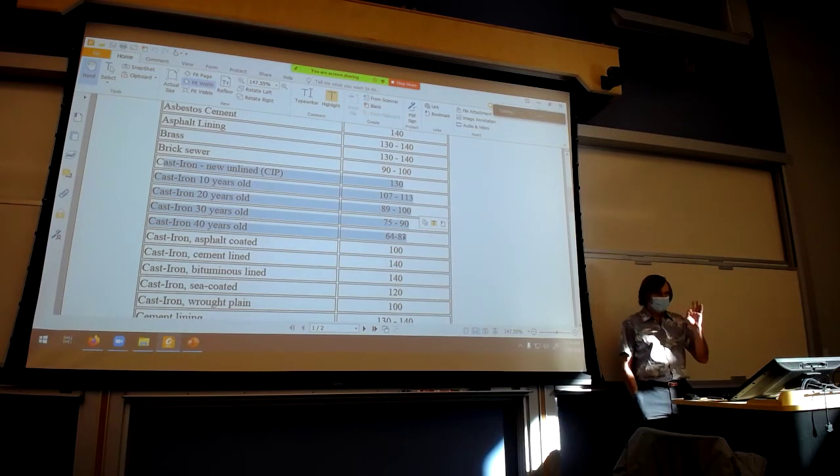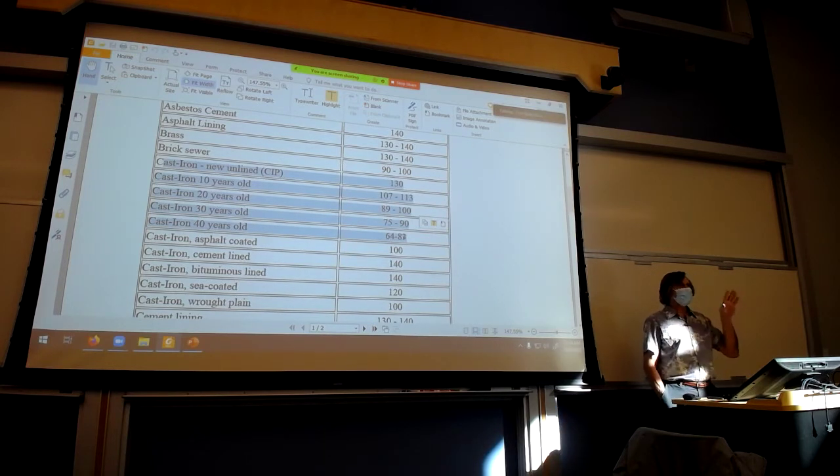So large Hazen-Williams coefficient, small friction loss.